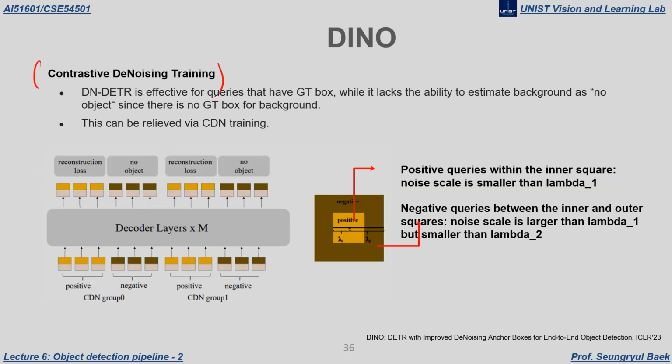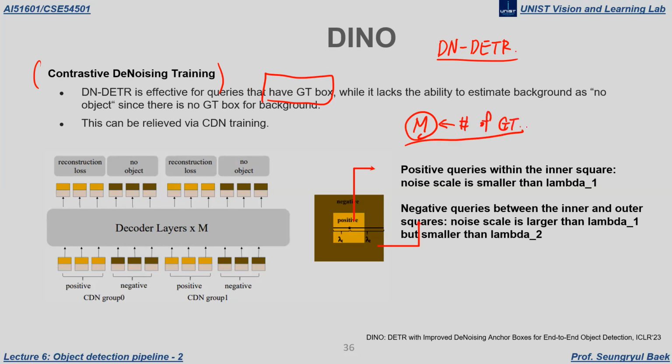Firstly, I want to explain the contrastive denoising training. So the denoising training, which was proposed in DN-DETR, was effective for helping the DETR converge fast. It was effective for queries having a ground truth box. Okay, it only applies denoising for ground truth samples. It generates m queries, which is the number of ground truths.